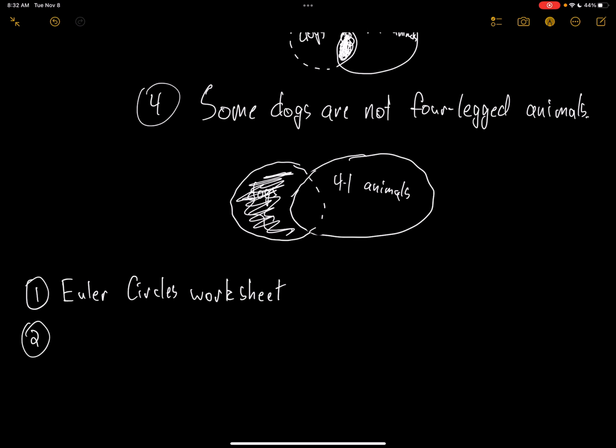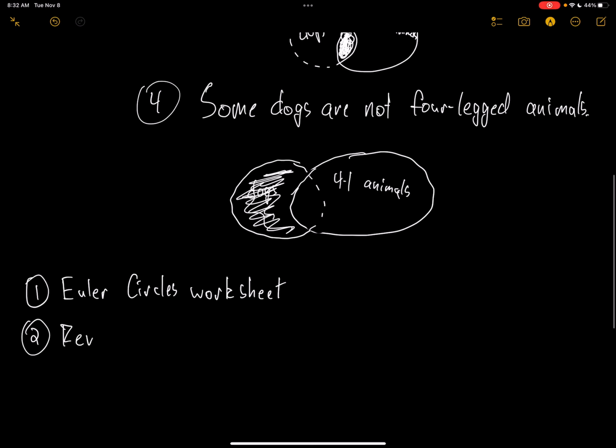Second, after you complete that, do the review exercises at the end of this second unit section, the review exercises over lesson 12. So at the end of every unit, there are a set of review exercises. Do the review exercises for lesson 12.